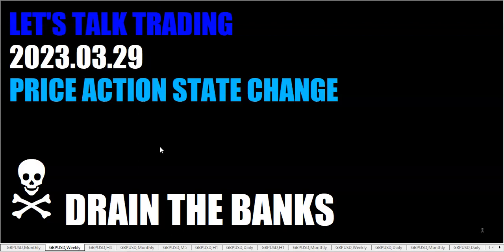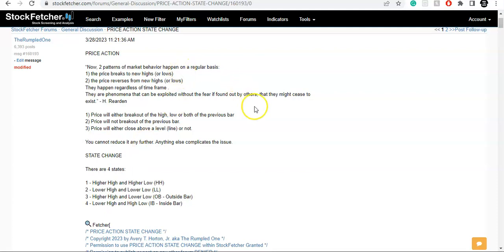The logic system, because stock fetcher doesn't come with and or not, and it's really hard to code if you don't have those fundamental logic pieces. So I came up with a way to implement those, and it kind of took stock fetcher to the next level.